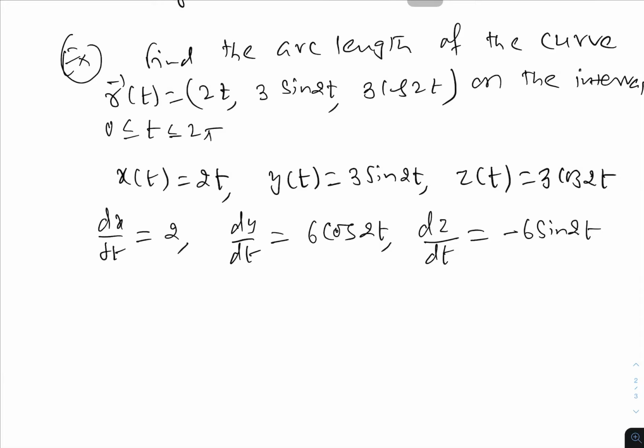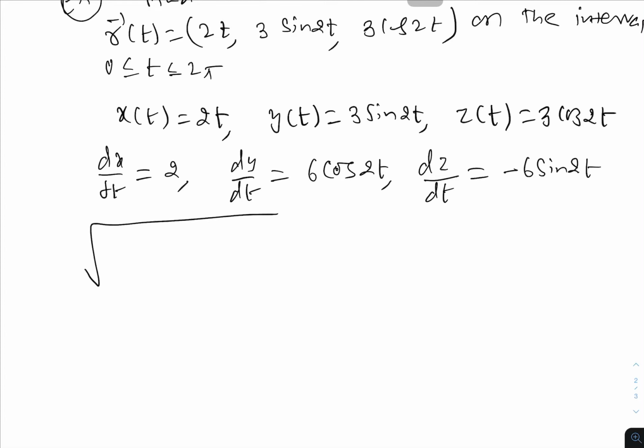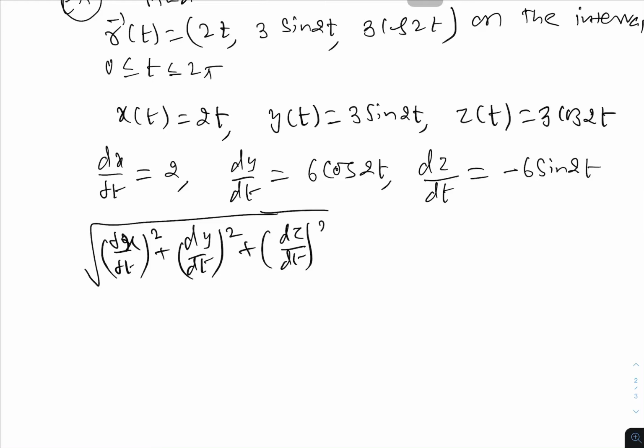And if we find the root of (dx/dt) squared plus (dy/dt) squared plus (dz/dt) squared, that is nothing but 4 plus 36, so that is root 40.